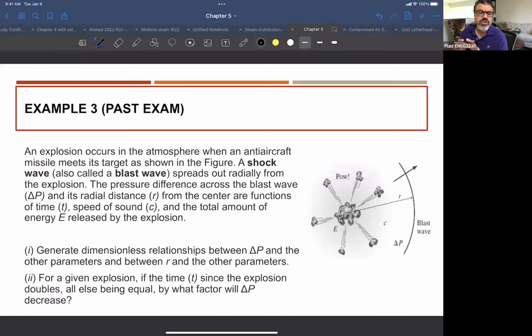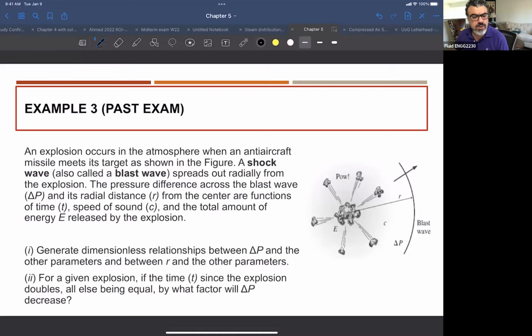It will create a shock wave. Shock wave means, between before the wave and after the wave, a huge drastic change in the pressure. So the pressure inside the core of this explosion will be much higher compared to the pressure at the edge of the shock wave. And now as this wave is going, of course, the effect of this delta P will change. So the location of the explosion will be the maximum pressure increase.